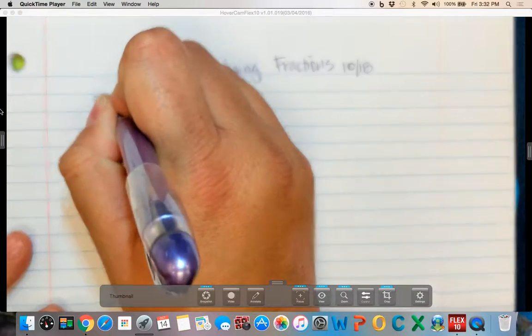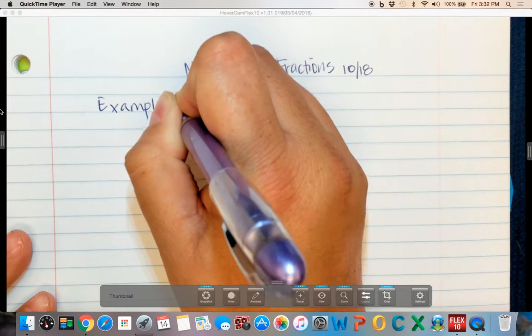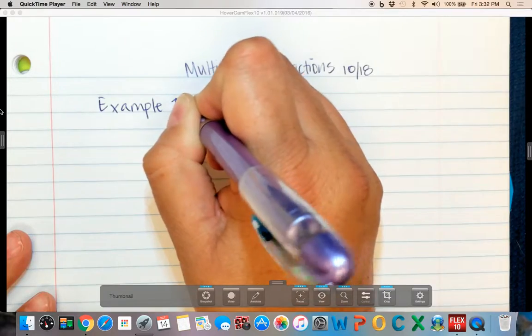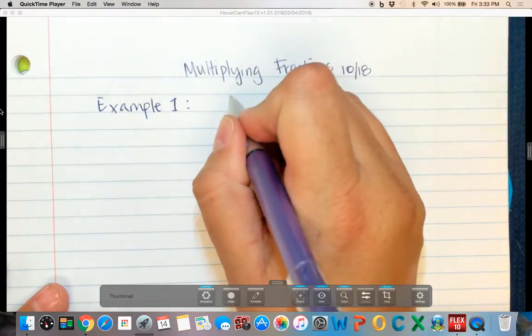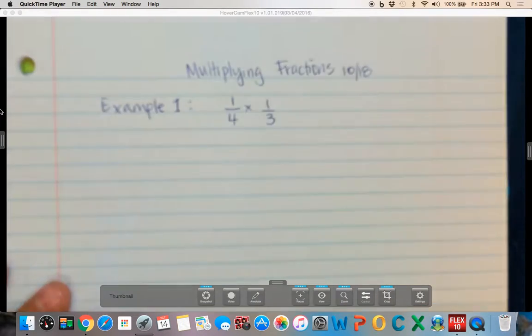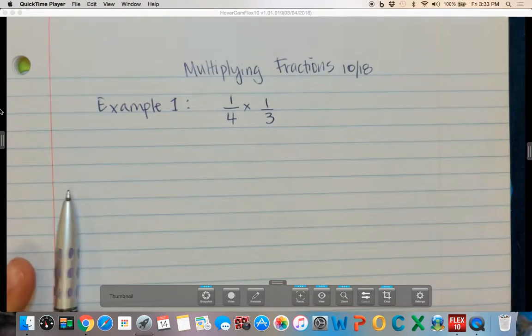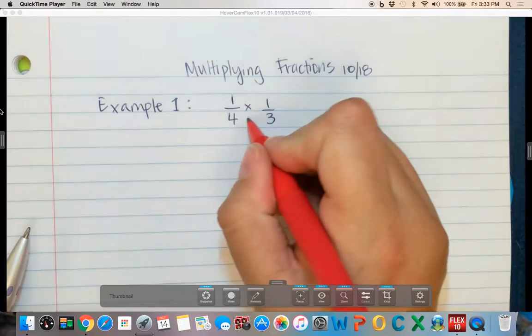So here is example 1. And example 1 is 1/4 times 1/3. And if you remember what you were taught before, when you multiply fractions, you multiply straight across.